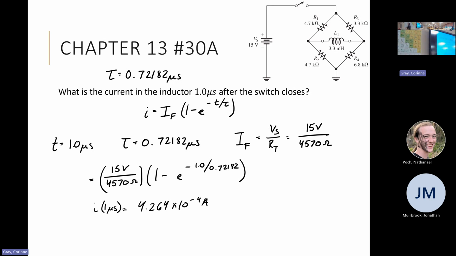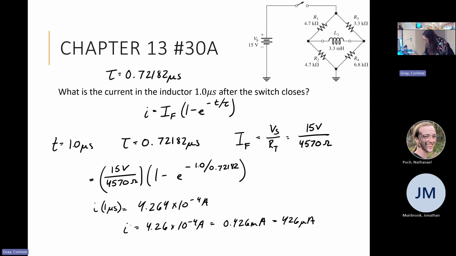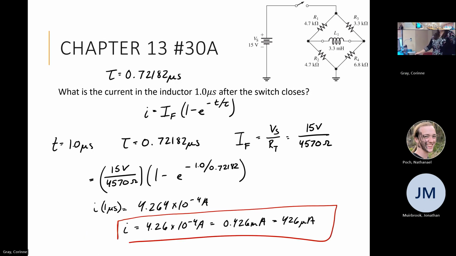Both are fine for this class. Just if you are taking more circuits later, be aware that some people will care how your value is represented. So 4.26 times 10 to the negative 4 amps, or if we felt fancy, 0.426 milliamps or 426 microamps. All of these are the same. I have zero intention of making you use any specific units for this exam, so whichever one is fine here.